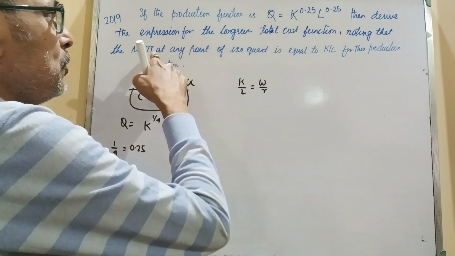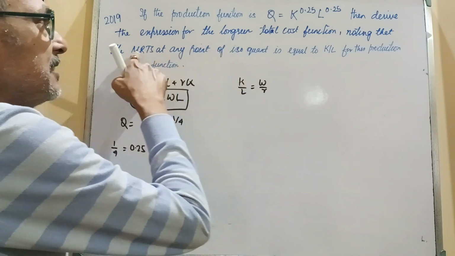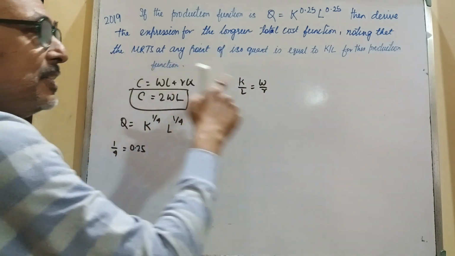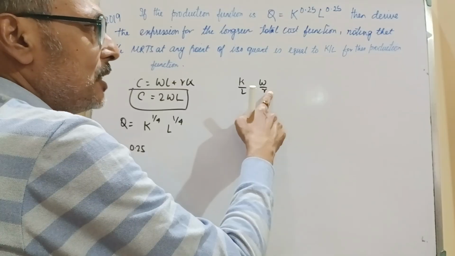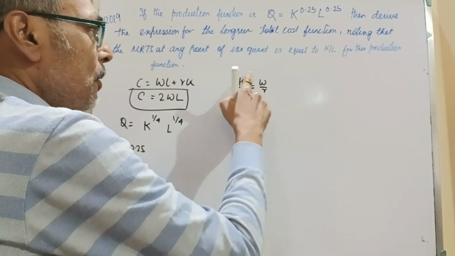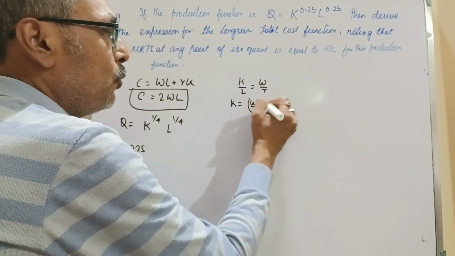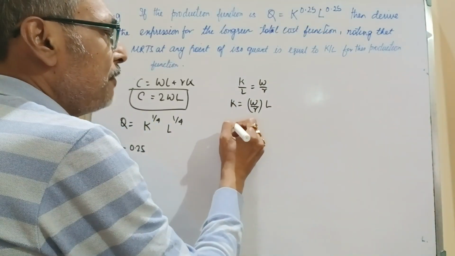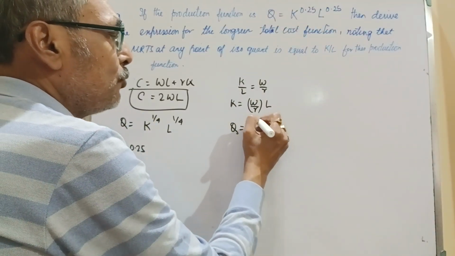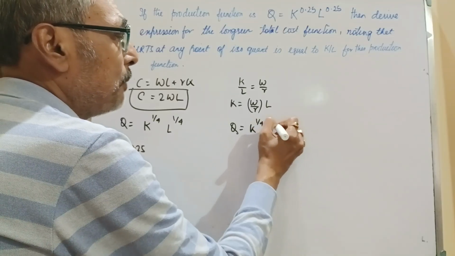This is the absolute slope of the isoquant, which equals MRTS, and W by R is the absolute slope of the isocost line. Therefore, K equals W by R into L.